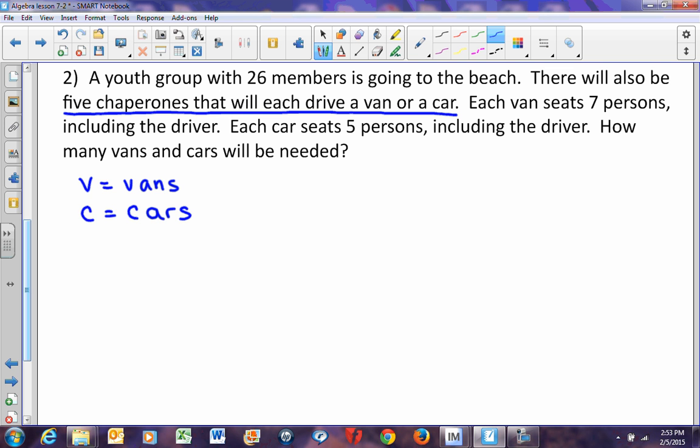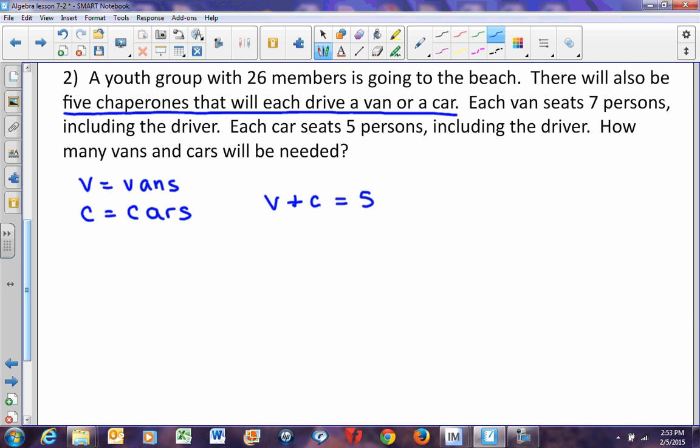The number of vans plus the number of cars has to equal 5 because I only have 5 chaperones that can drive. Nobody else can drive, so the number of vans plus the number of cars can only equal a total of 5. Okay, so that's one equation, based on how many vans and cars I have.